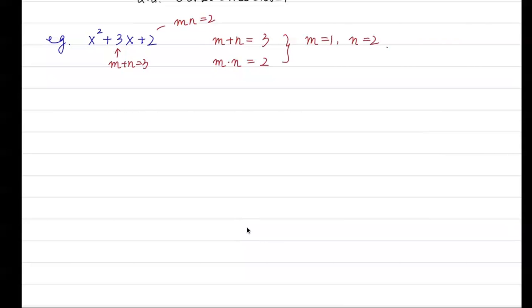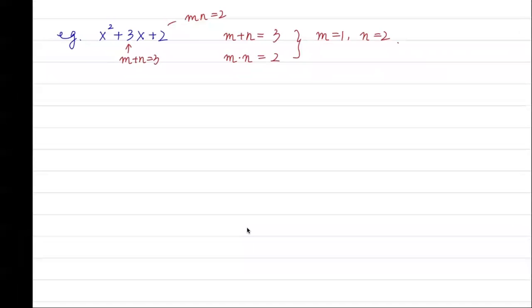Like I said in class, whether you assign the value 1 to m and 2 to n, or vice versa, doesn't really matter in this case, because we're going to write this trinomial as the product of x plus m times x plus n.